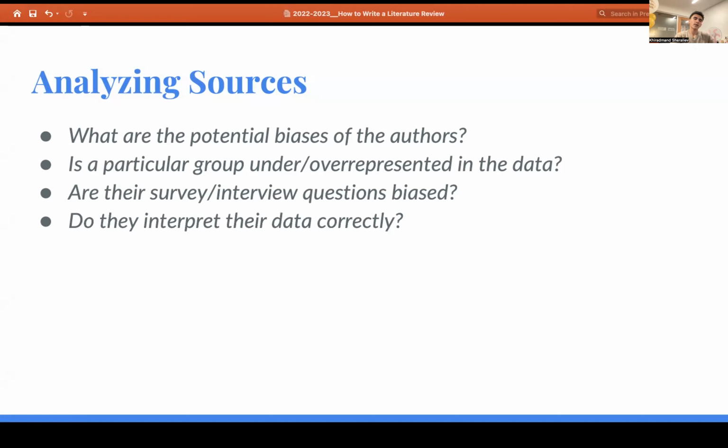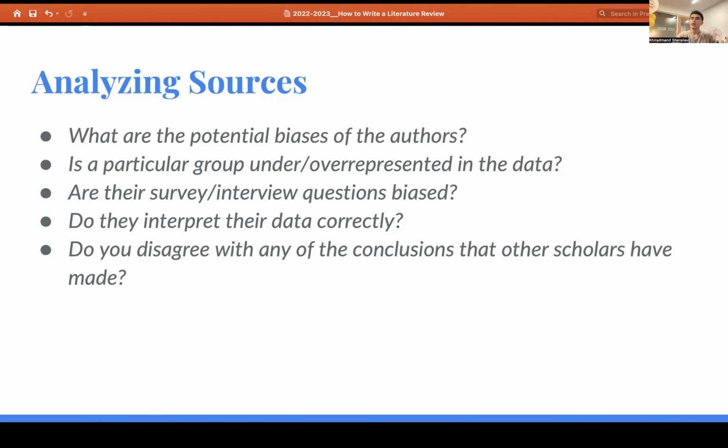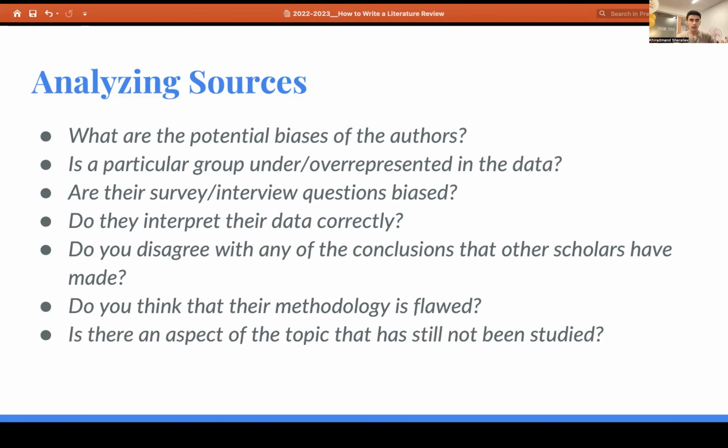Do they interpret their data correctly? Do you disagree with any of the conclusions that other scholars have made? Do you think that their methodology is flawed, is weak? Is there an aspect of the topic that has still not been studied? Right? So in this part, you critically engage with the sources for your research project.